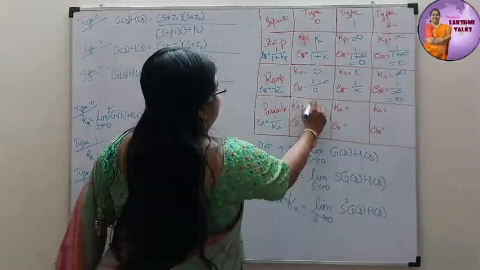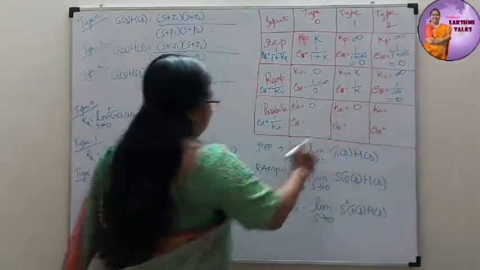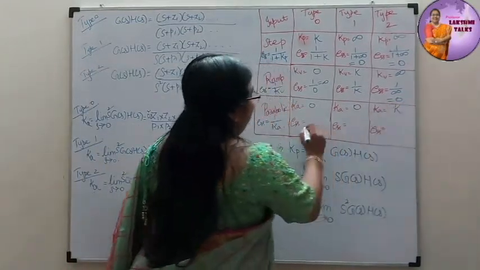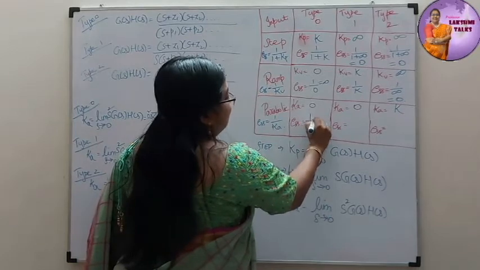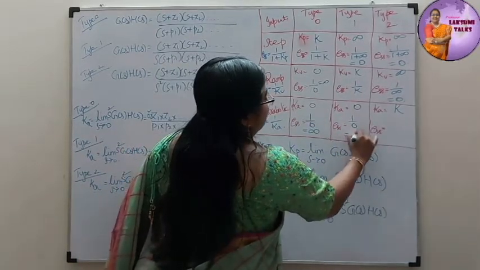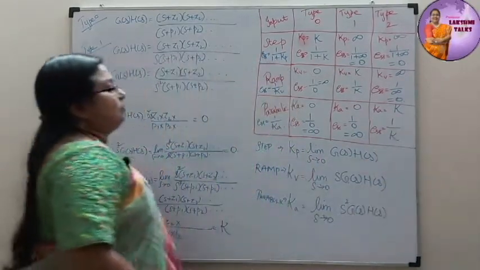So Ka is equal to 0 for type 0, and again it is 0 for type 1, and for type 2 it is K. So what happens? Steady state error is 1 by 0 which is equal to infinity, 1 by 0 which is equal to infinity, and it is 1 by K here.